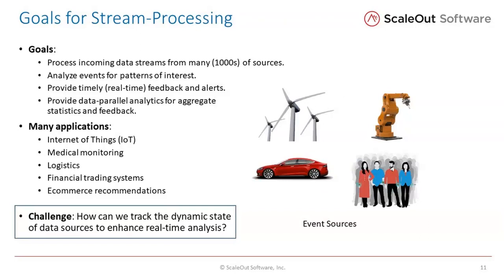Also, a nice goal is to look at aggregate behavior across all of the data sources to see what aggregate statistics can be extracted and used to feed back and improve the operation of the live system. That's what we call operational intelligence.